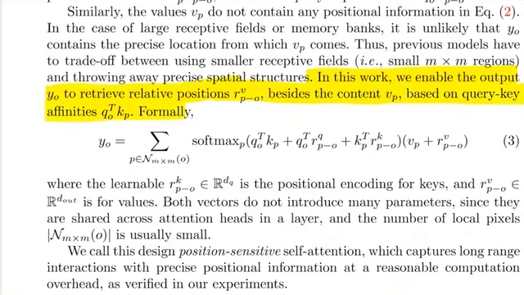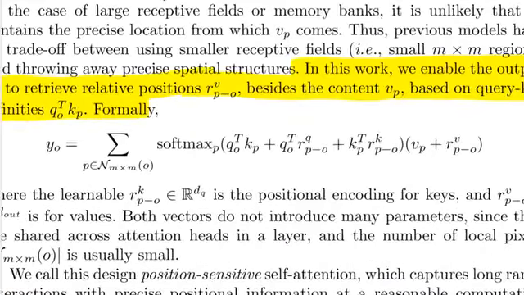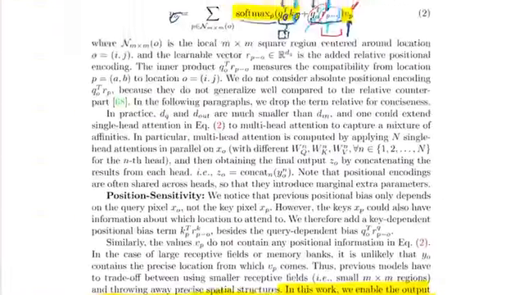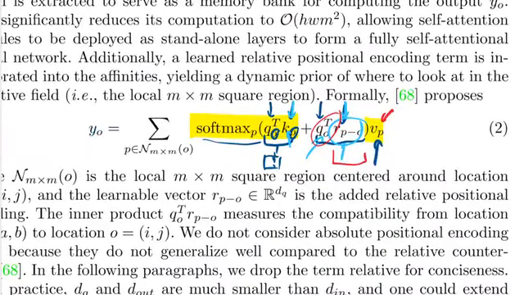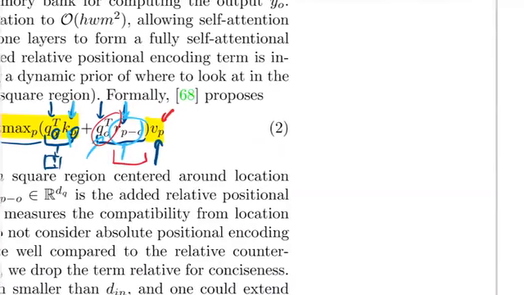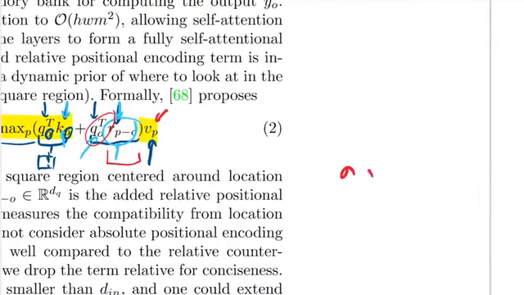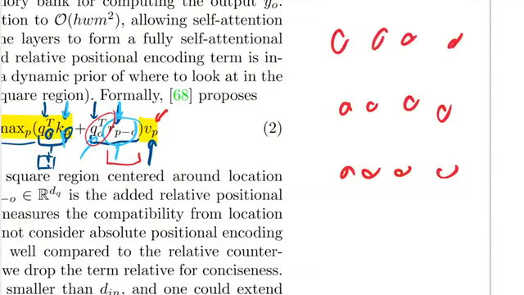In this work, we enable the output to retrieve relative positions beside the content based on query key affinities, formally. So the problem up here is that, okay, you have these position embeddings, and here are the outputs. But if you do this in multiple layers, right? Let's go with 1D sequences. If you do this in multiple layers, and here you annotate the position, let's just go 1, 2, 3, 4. And okay, this layer can make use of that, right?